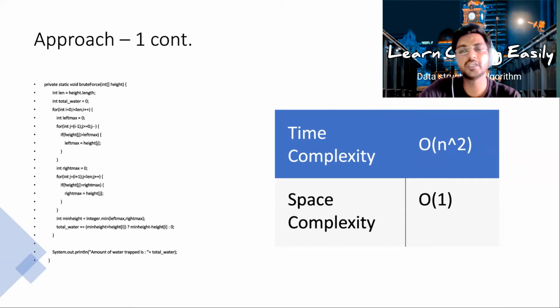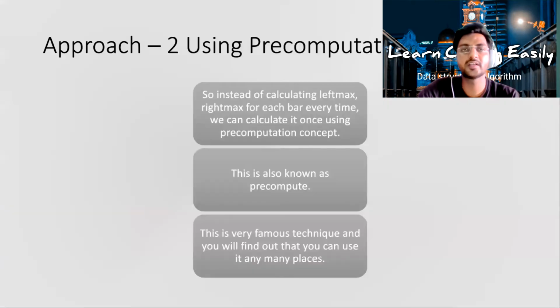Now we need to think about an approach which will be better than this. So let us think about some better solution. There is one concept called pre-computation. Instead of calculating left max and right max for each bar every time, we can calculate it once using the pre-computation concept.